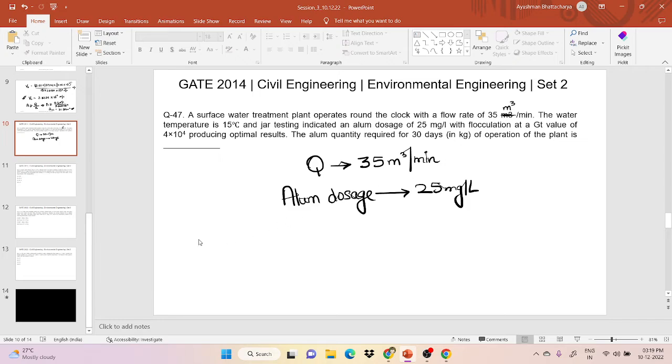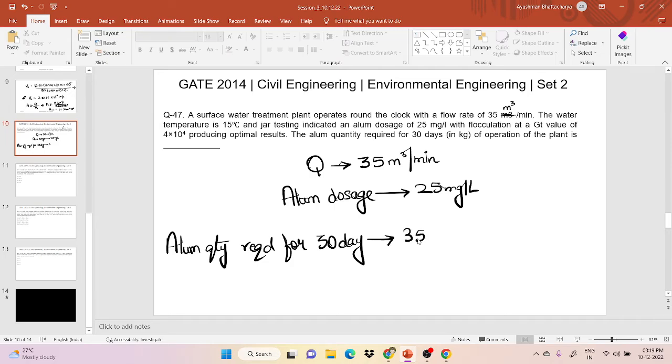So in this question, basically what we do, alum quantity required for 30 days will be equal to, see, flow rate they have given in terms of meter cube per minute. So we have to first convert it in terms of meter cube per day.